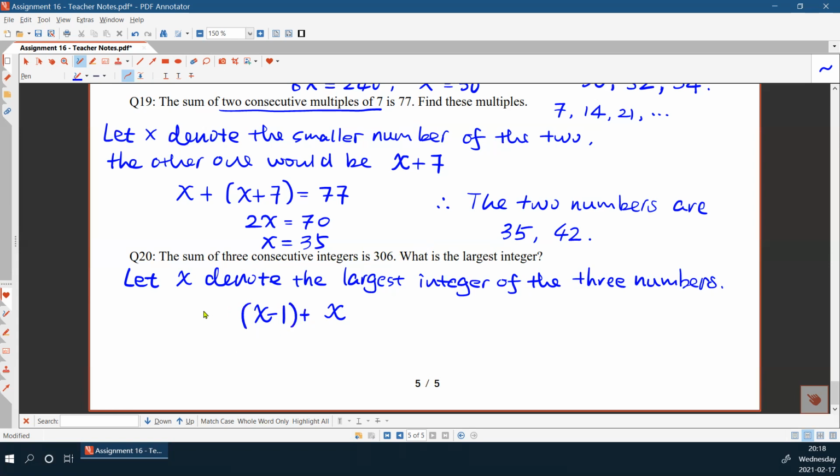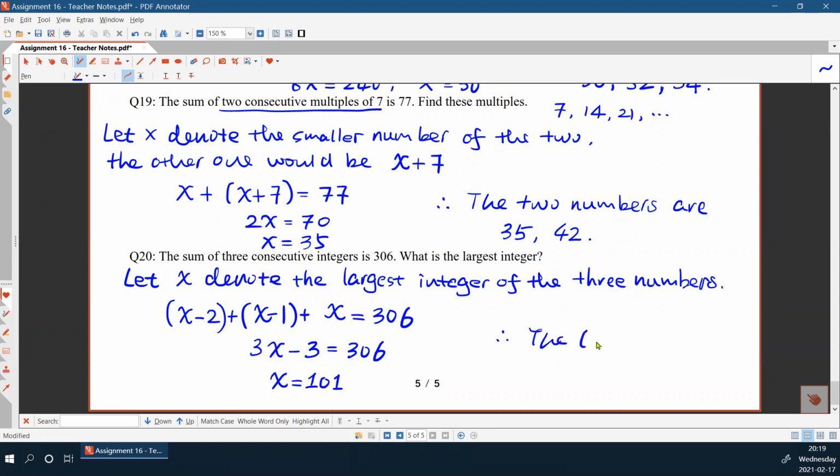Okay, how about the smallest one? Smallest one would be x minus 2, right? Okay, we also know that the sum of these three numbers is 306. Okay, so this gives us 3x minus 3 equals 306. So x here is 101, right?